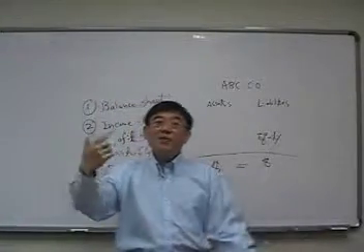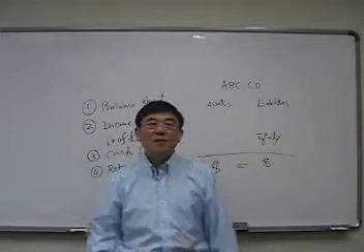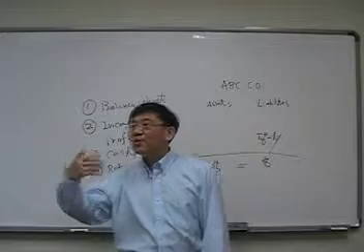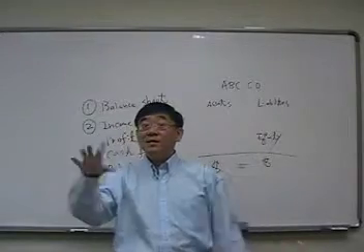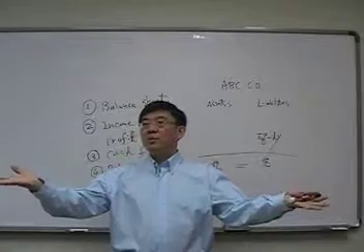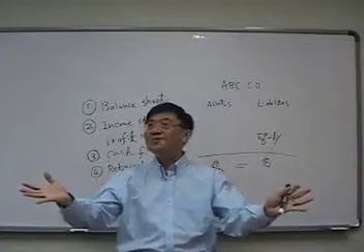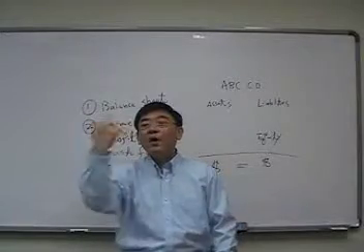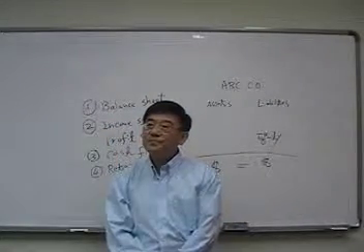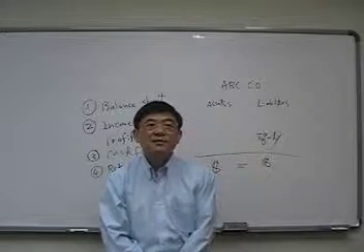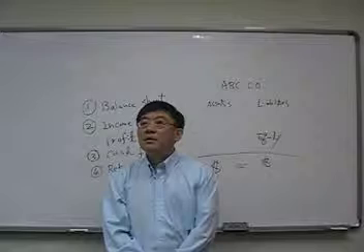Here, ABC company sold 1,000 value merchandise to XYZ company, but I said 30 days payment term. Oh, you're alert, right? Oh, no, there's no cash. So what is the first item you want to pick? Assets. Which assets? Account receivable.